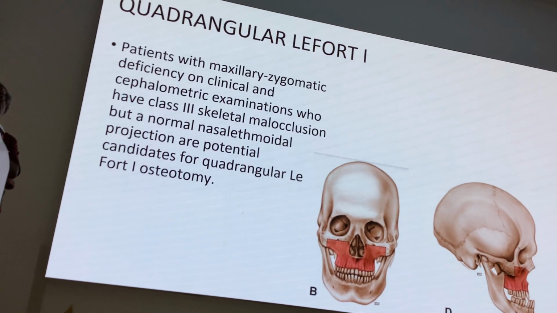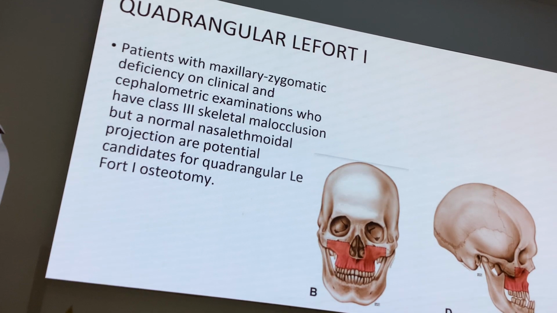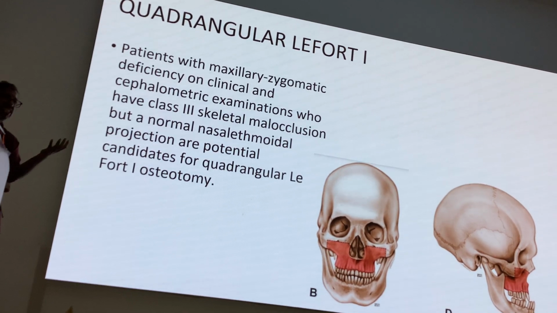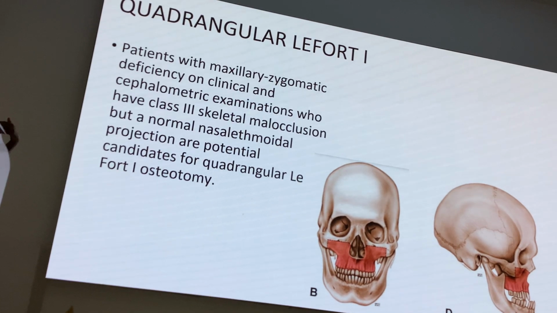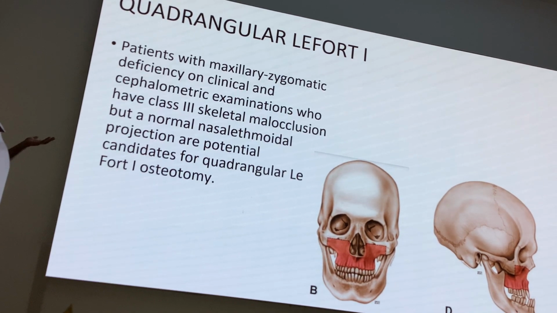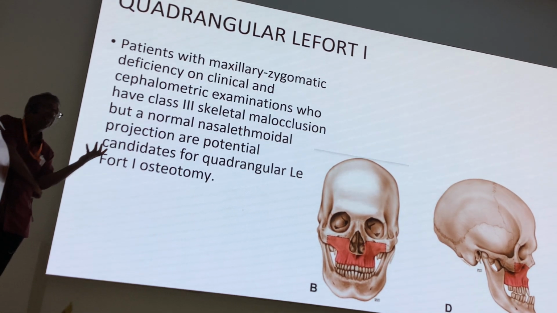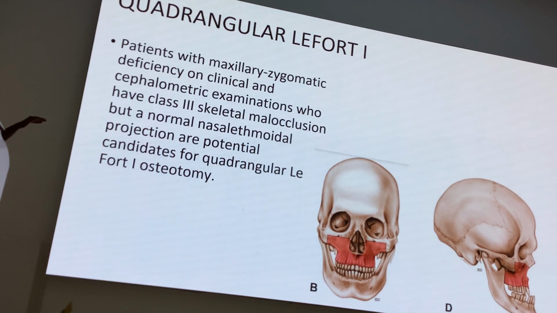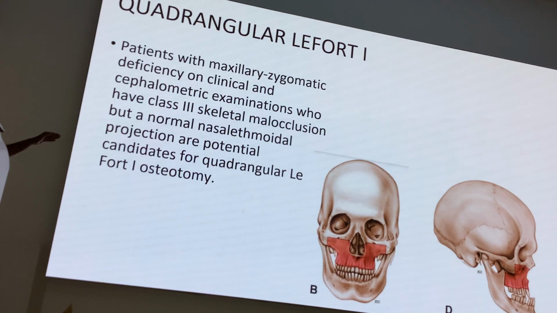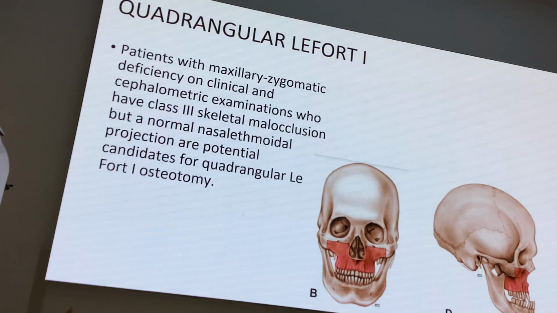These are cases of the variations of the Le Fort one. You will be diverting from the conventional one, doing a high Le Fort one, or in certain cases, where there is a maxillary or zygomatic area deficiency, you can take a bone from the zygomatic area, like the quadrilateral area, and bring it forward.